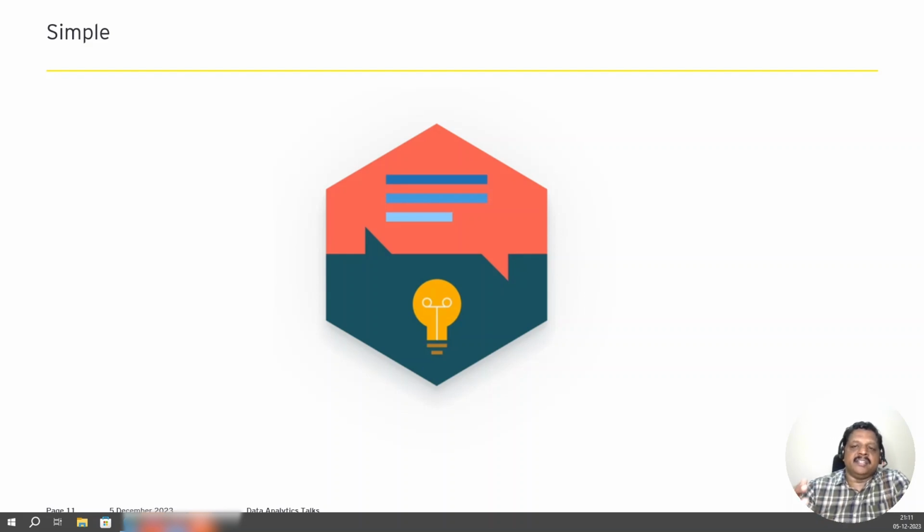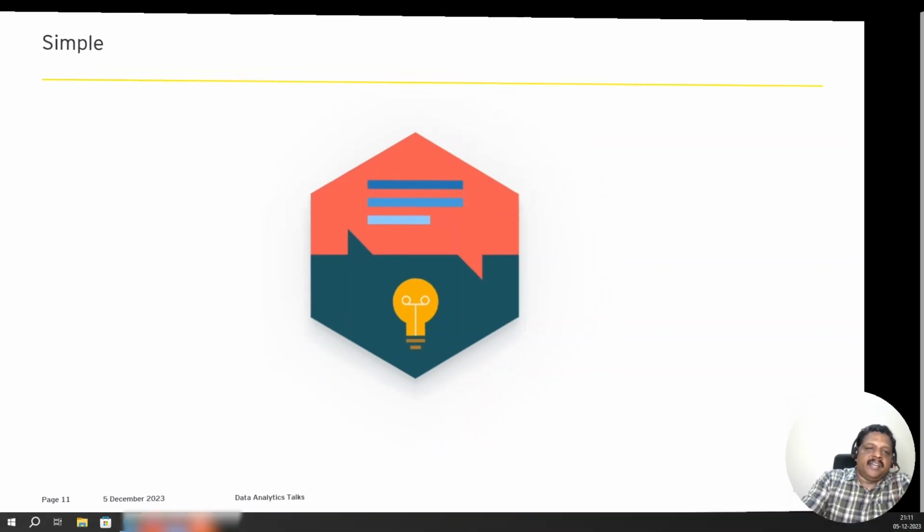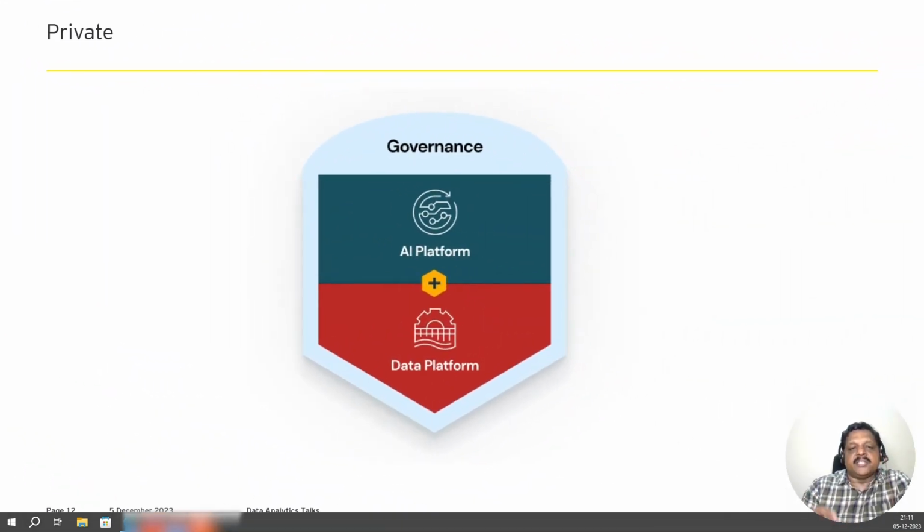The data intelligence engine understands your organization's language, so search and discovery of new data is easy. And finally, it is private. Data and AI applications require strong governance and security, especially with the advent of generative AI. And Databricks provides an end-to-end MLOps and AI development solution that is built upon our unified approach to governance and security.